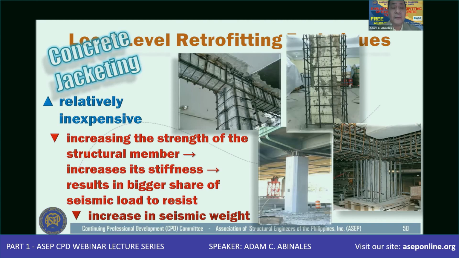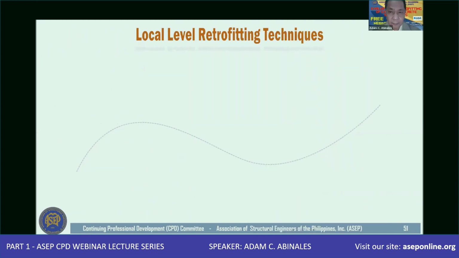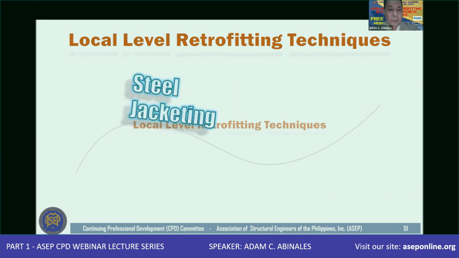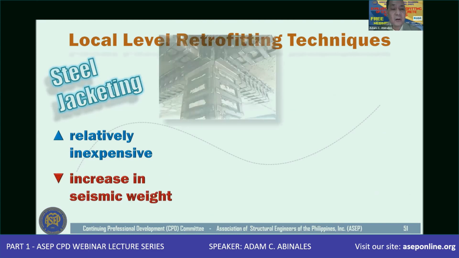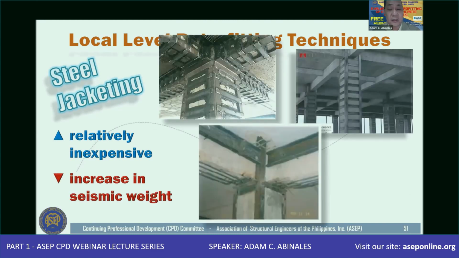Say for example, the original is a 0.3 by 0.3 column, and then you make it 60 by 60 just to satisfy the demand, then definitely you're adding seismic weight. So that is the drawback. For steel jacketing, same as in the case of concrete, it is inexpensive. Well, there would be a substantial increase in weight because of the weight of the steel that will be added to the element.